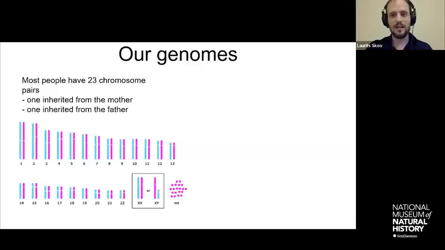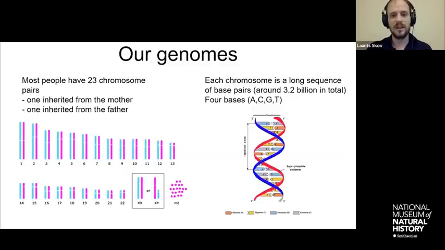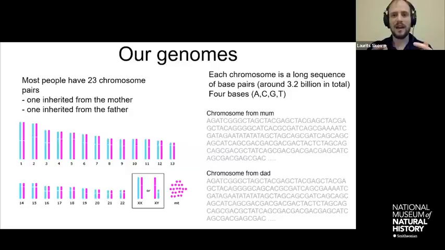I'm sure this will be familiar to most people, but just a quick summary so we're all up to speed. Our DNA is organized in our cells into something called chromosomes, and most people have 23 chromosomes. You get one chromosome from your father, and one chromosome from your mother. These chromosomes are just long stretches of a double helix structure.